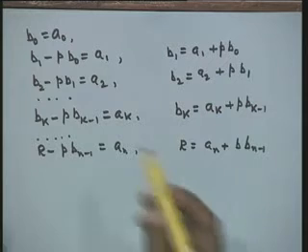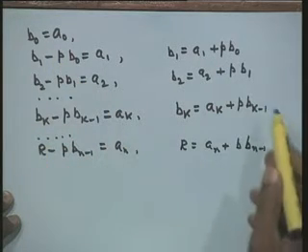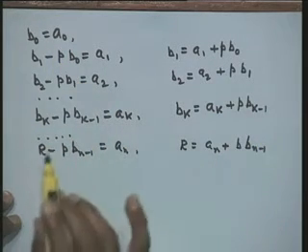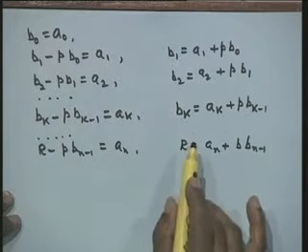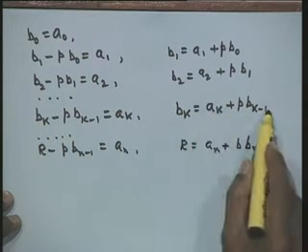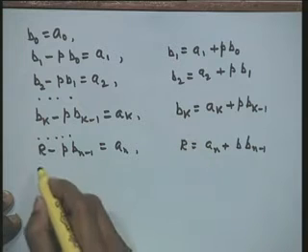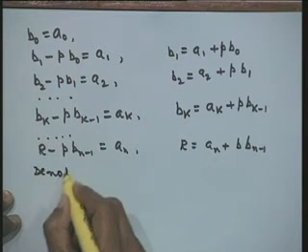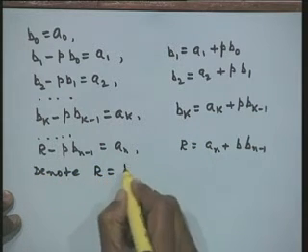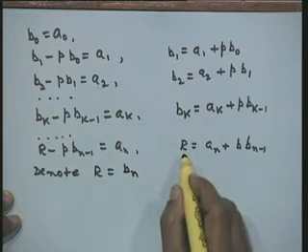We can see that the entire set of equations can be given by a single recurrence relation, where I define b_n as r. Let us denote r as b_n.